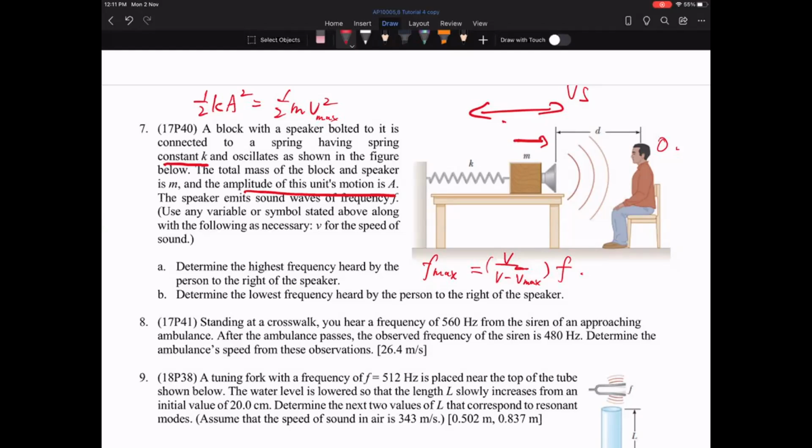Vmax is given at the top. Vmax is equal to A times square root of k over m. So you determine the equation in this way.